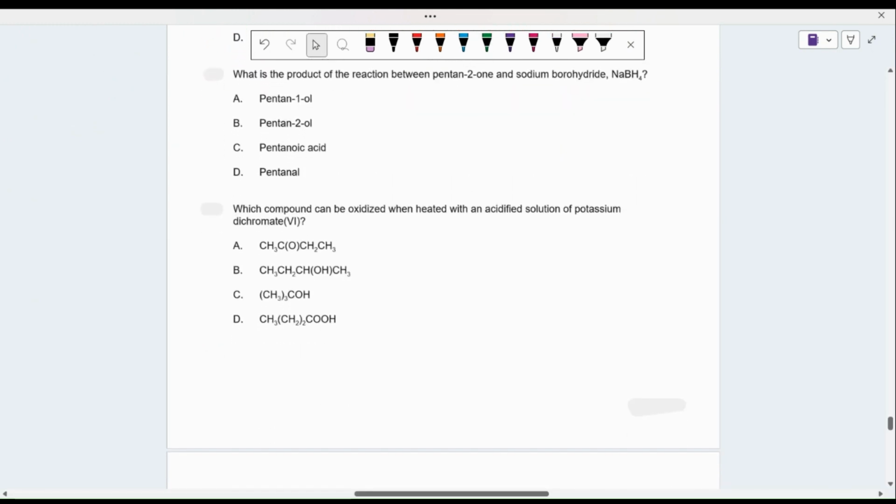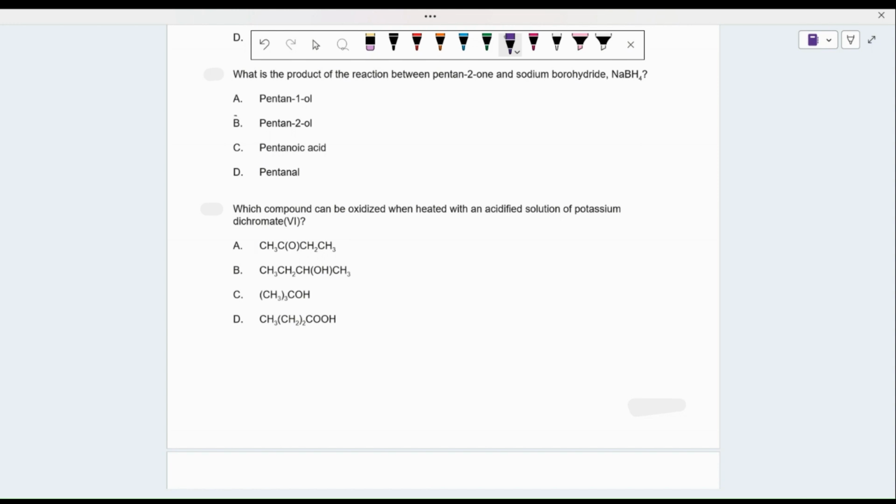What is the product of the reaction between pentanone and sodium borohydride? Okay, so we need to know the oxidation of alcohols. We also need to know some reduction reactions. We know this is a ketone. It's going to be going back to an alcohol. Is it a primary alcohol or a secondary alcohol? This is where you need to know your organic.